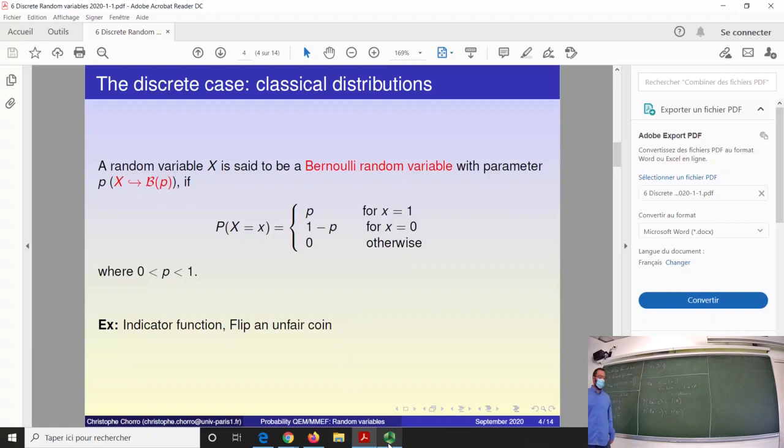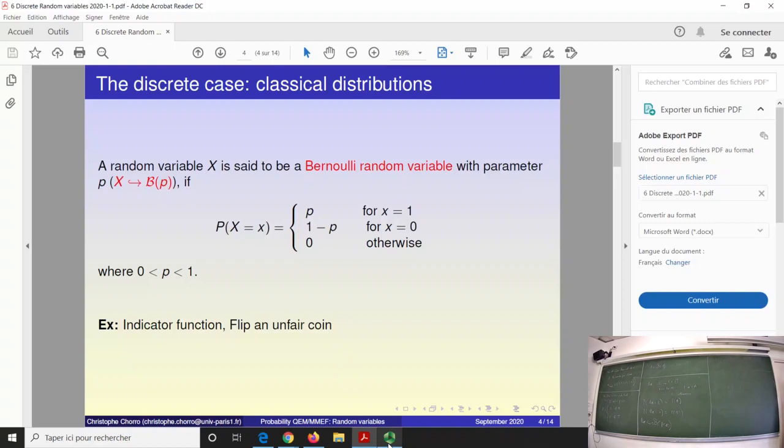According to the definition written on the slides, an indicator function follows a Bernoulli of parameter P of A. Okay? An indicator function is a particular case of a random variable distributed according to a Bernoulli distribution.